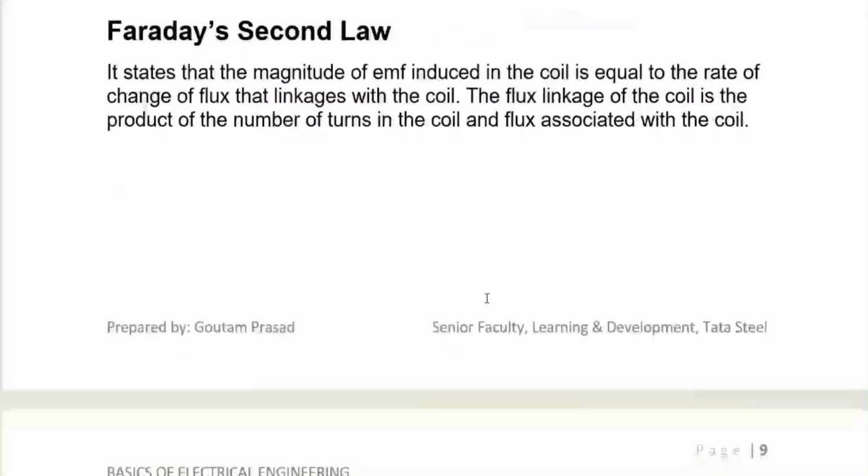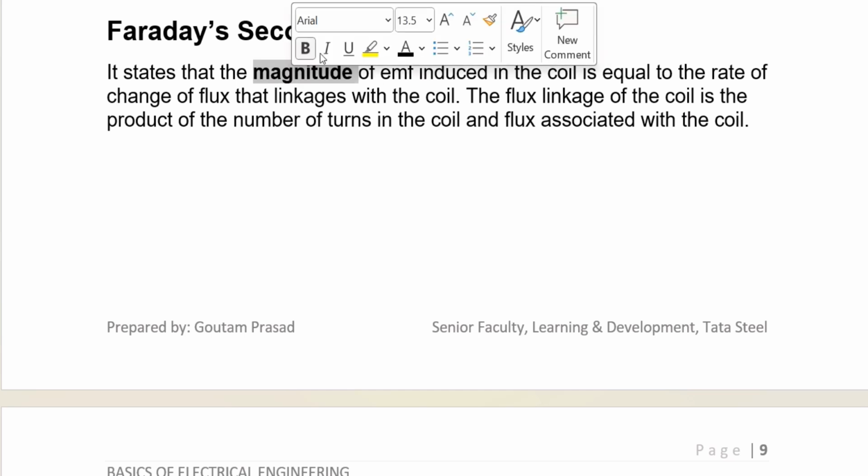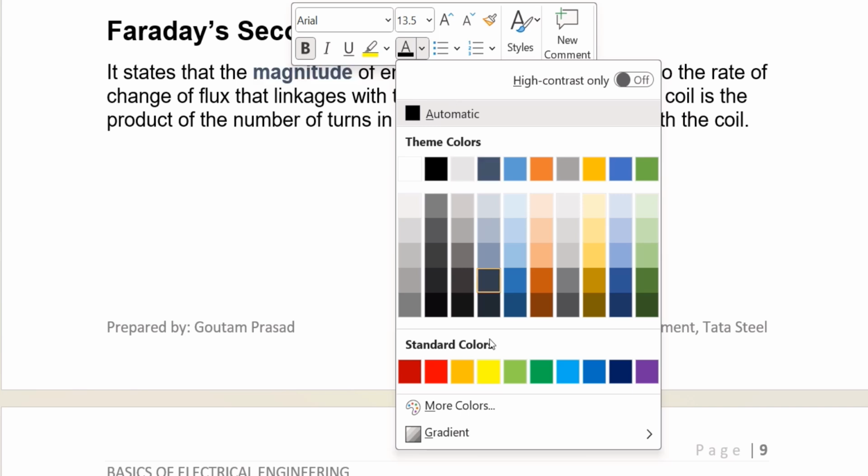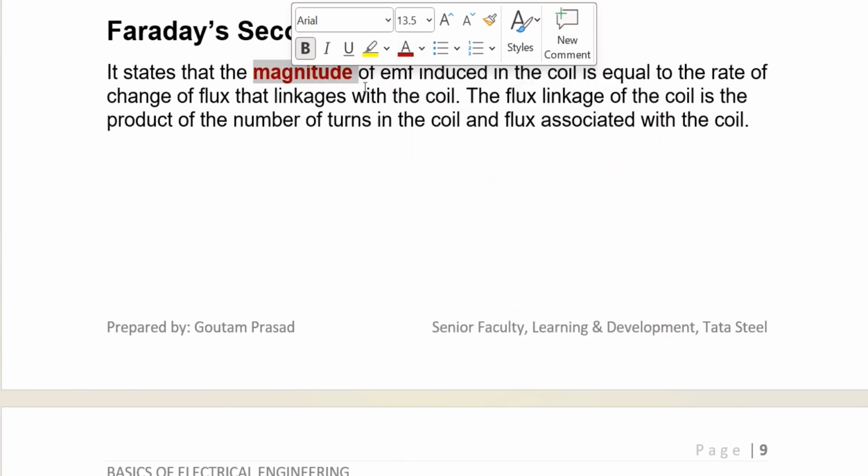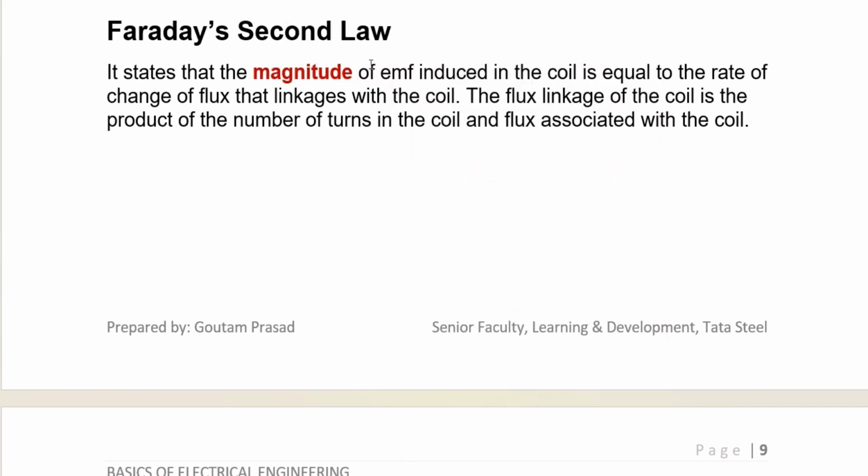Okay, and what does the second law of Faraday's law of electromagnetic induction state? It talks about the magnitude of the EMF, so you have to mind it, the first law and the second law. The second law talks about the magnitude of the EMF in the coil.